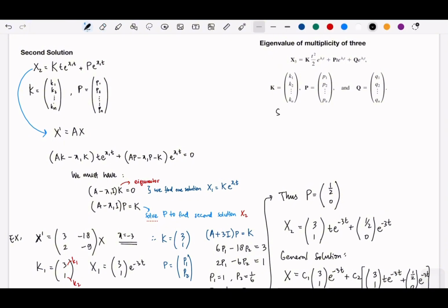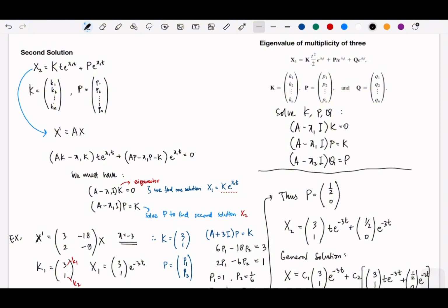We need to solve for k, p, q. First is finding the first solution, then find the second with this, and then find the third. I think I need more time for the example, so I will just finish up until here.